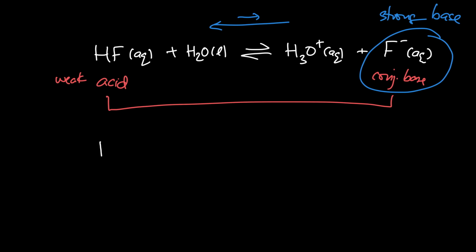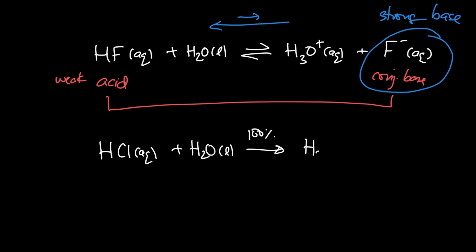Now, if you contrast that with a strong acid like hydrochloric acid, what makes it strong is that it essentially completely breaks down. So we replace the equilibrium arrow, which I think I wrote accidentally before, with just a straight arrow. So I'm going to write 100% over here. It is forming the hydronium ion, right? It's given up its proton to water, and it's forming its conjugate base, Cl minus.